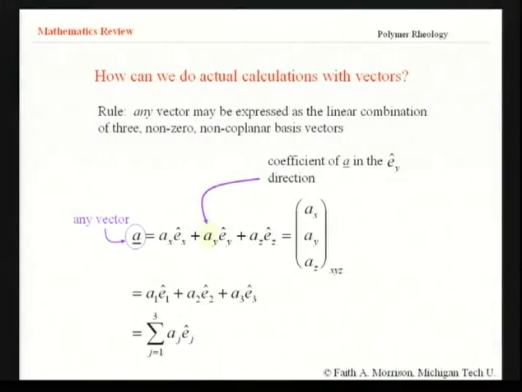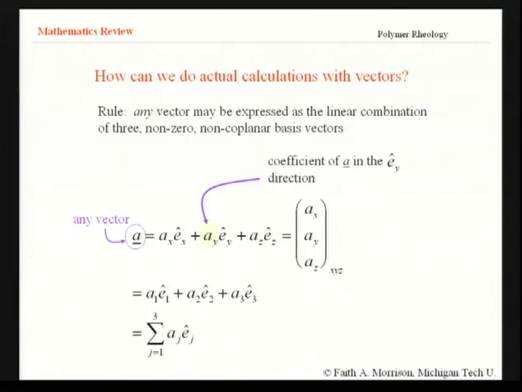Now in rheology and fluid mechanics, we have a common nomenclature that we use for making calculations with vectors, and that's what I'm introducing here. This is a little bit different, perhaps, than you used in other classes where you've used vectors.